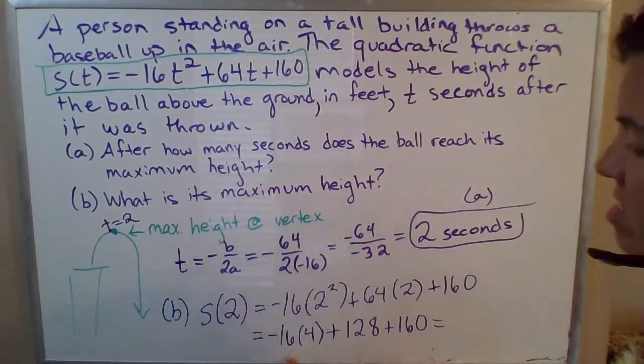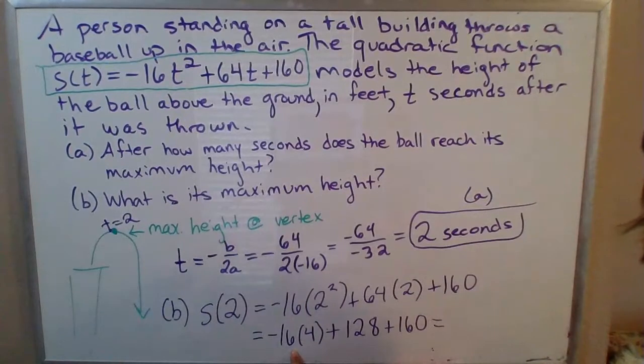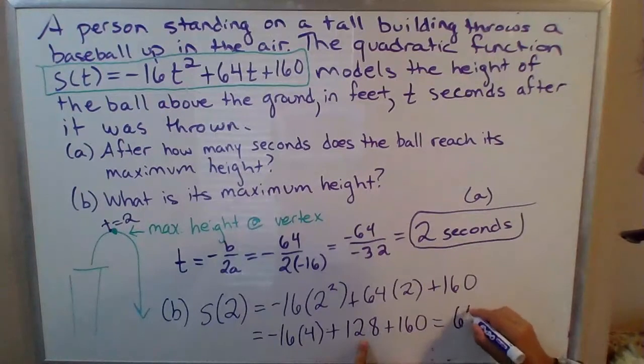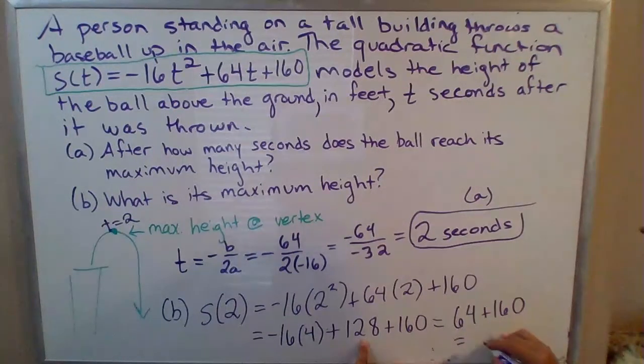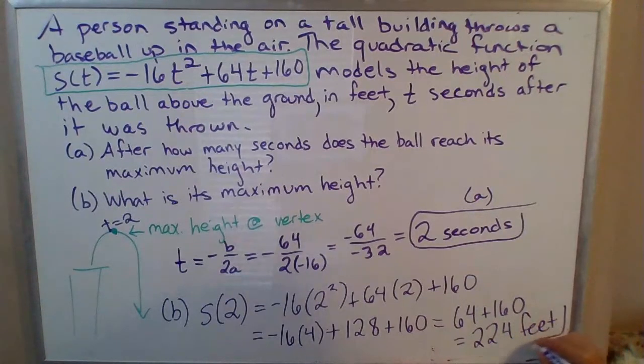So this is negative 64. Negative 16 times 4, negative 64. If we add that to 128, we're going to get positive 64 plus 160 will give us what? 224. 224 feet. So there is the maximum height.